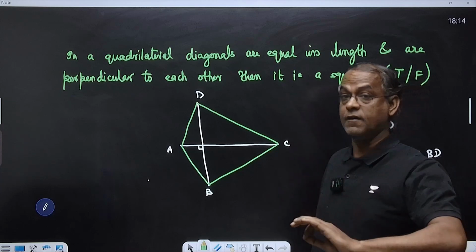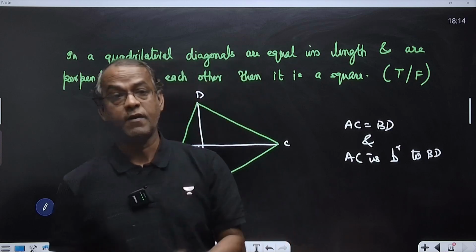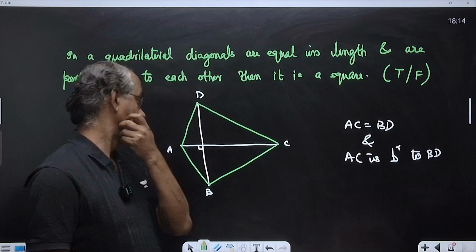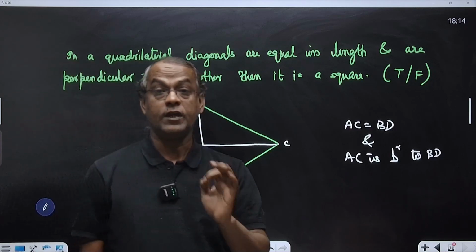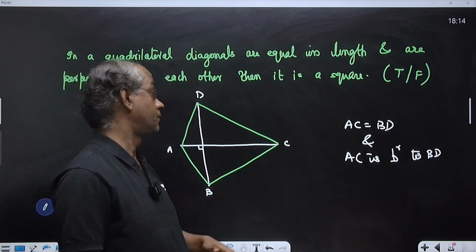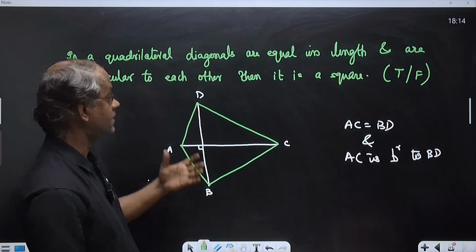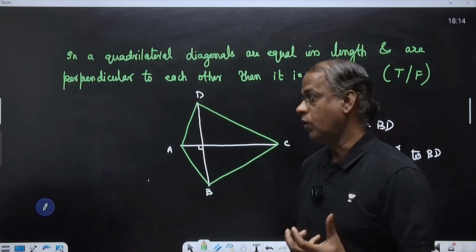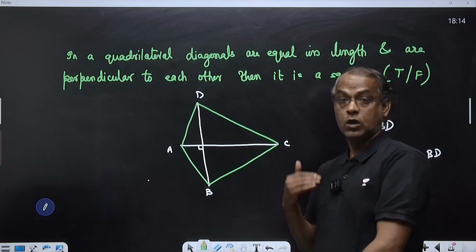So bisection, I have emphasized for the last 15, 20, 25 minutes, is a very important tool in solving problems and is a very intrinsic and important property of a quadrilateral being a parallelogram. In a parallelogram, if diagonals are equal and perpendicular, it is a square.